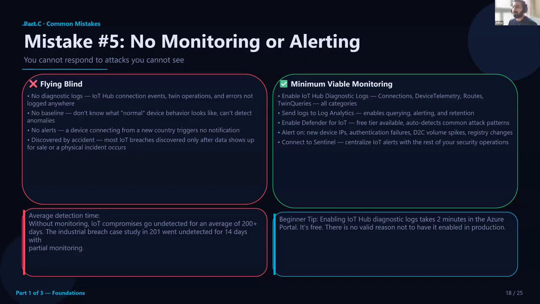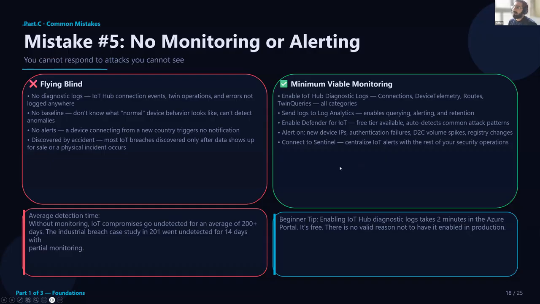So you should send all the logs to Log Analytics, and you may be aware of the Defender service. It should be enabled. Again, it comes with a cost, but there is a free tier which provides some kind of support, which can auto detect common attack patterns.